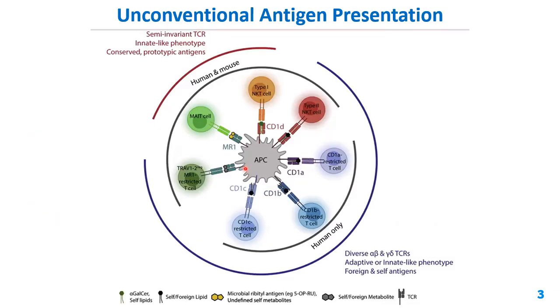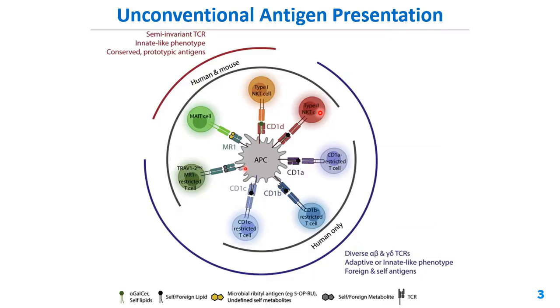Now I go here. So here is your most important antigen-presenting cell. So here is depicting your dendritic cell, right? And you have all these different members of your CD1 family. So you call those your unconventional antigen-presenting molecules.